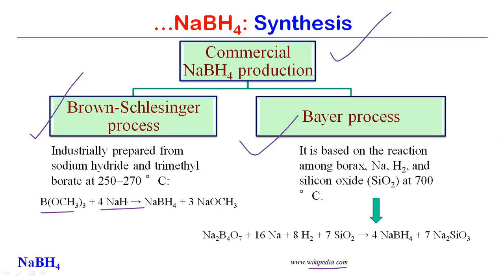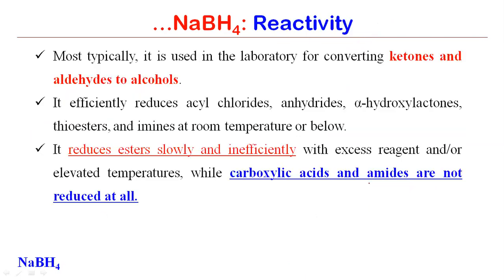Once we heat the reaction mixture at 250 degrees centigrade, we get sodium borohydride. In the Bayer process, we use borax, sodium, hydrogen, and silicate. We mix all four components and heat the reaction mixture at 700 degrees centigrade to get sodium borohydride. So these are the two commercial methods by which sodium borohydride can be prepared.